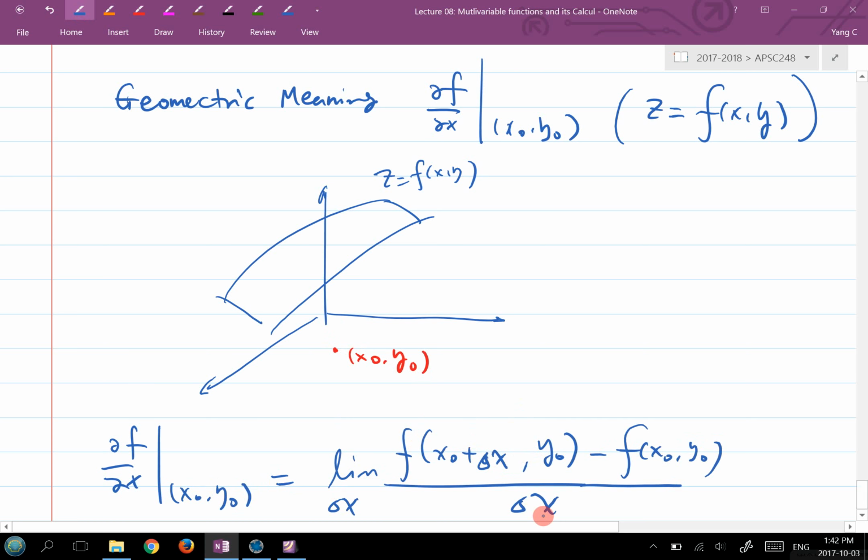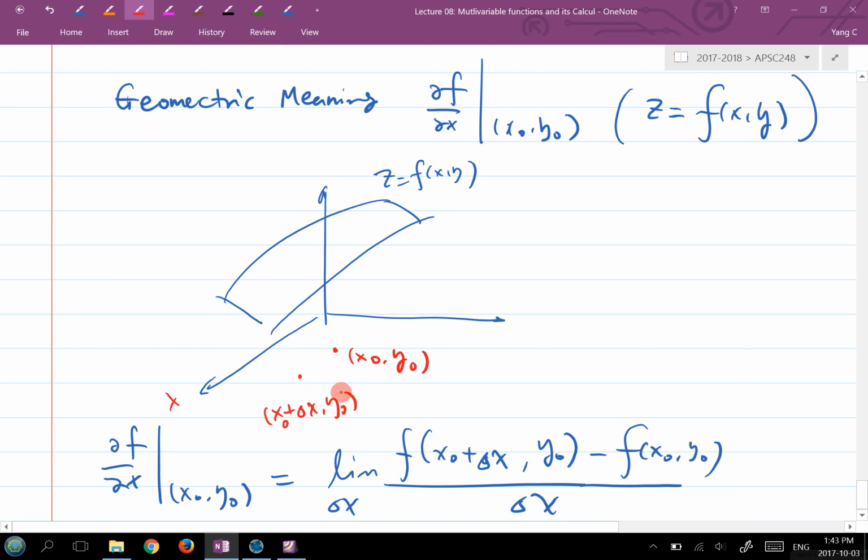So if I look at it operation-wise, starting here, this is your x-axis. You move to this side a little bit until you're at x naught plus delta x, and at the same time you keep the y naught the same.